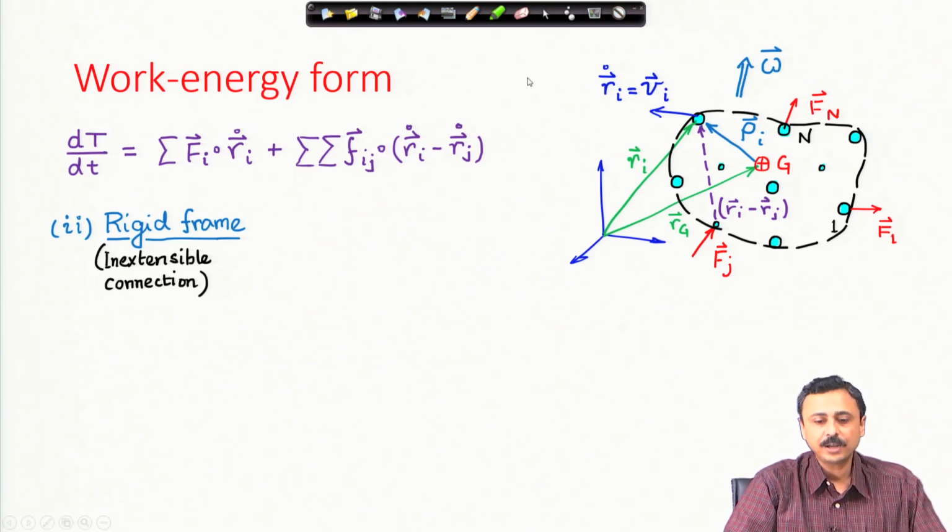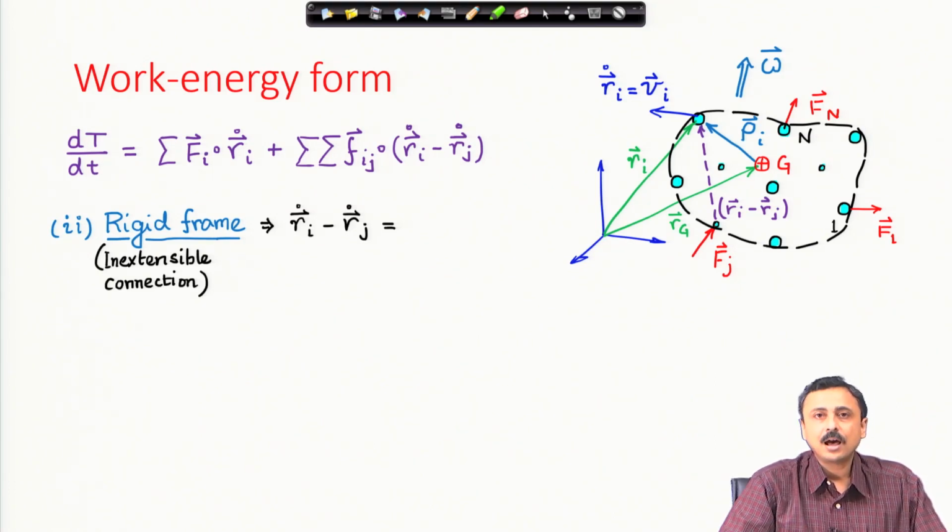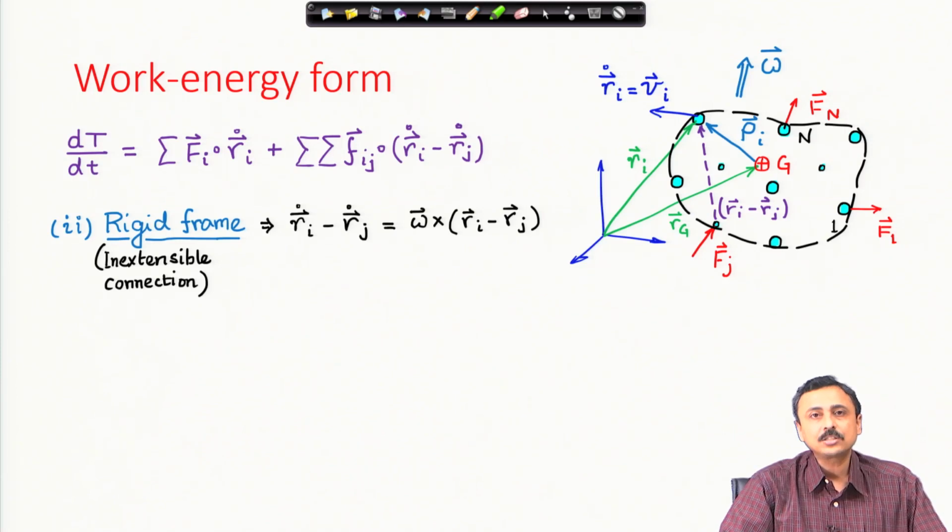When it is a rigid frame, r_i dot minus r_j dot, the relative velocity between i and j, which is the velocity of the ith particle minus the velocity of the jth particle, becomes equal to omega cross (r_i minus r_j). Now, this we have discussed in kinematics.